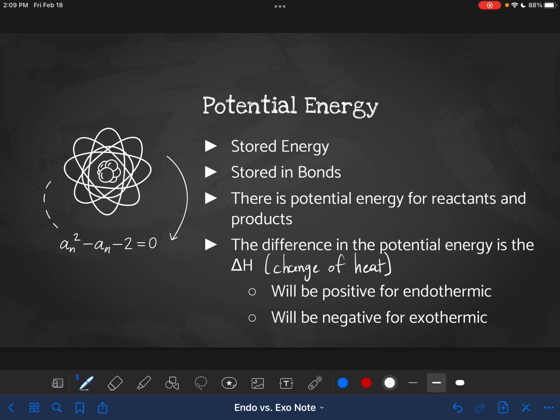If it's a positive number, it counts as an endothermic reaction, while a negative number gives you an exothermic reaction. All of this will make sense as we go along and analyze our potential energy diagram.